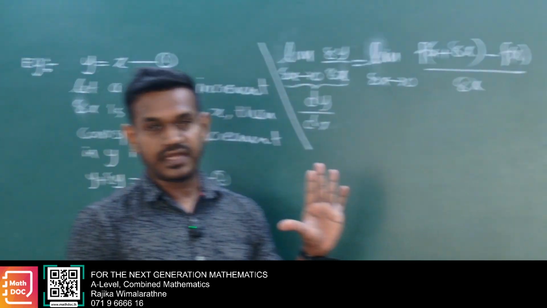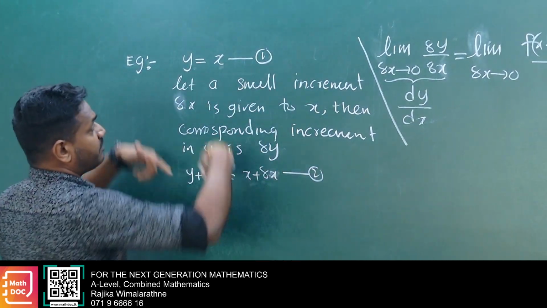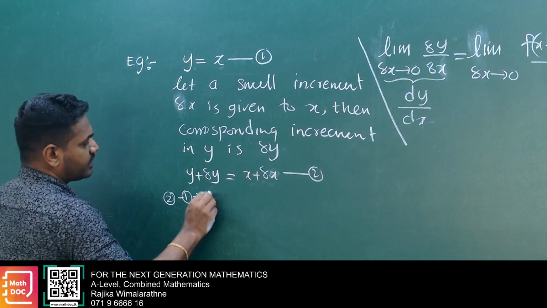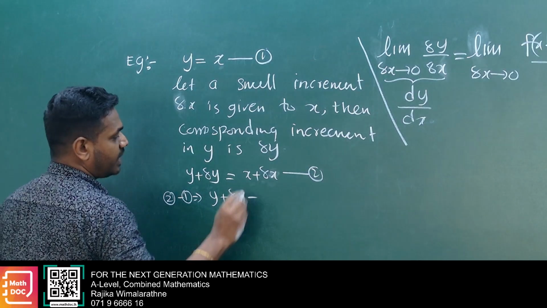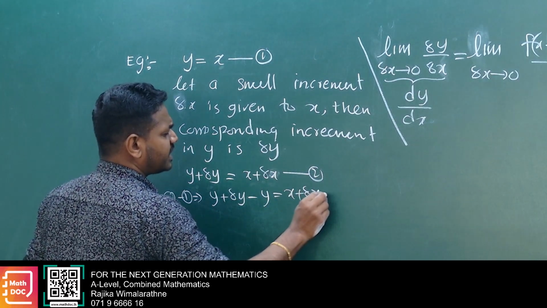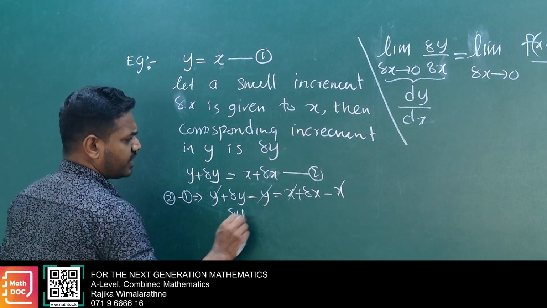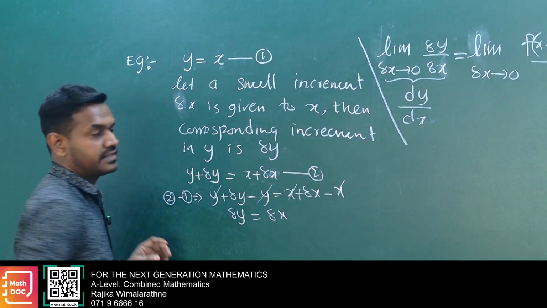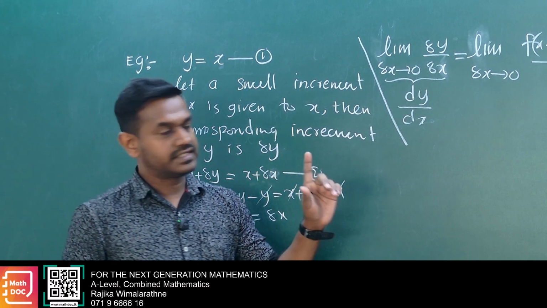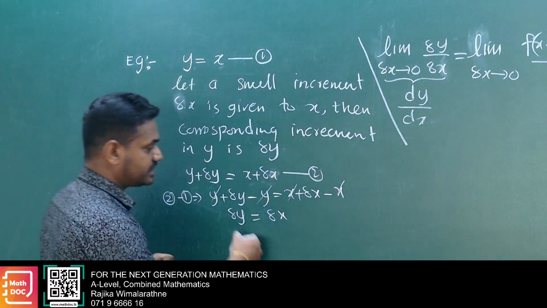See the first example, then you can do further. Now you subtract 2 minus 1: y plus delta y minus y on the left, x plus delta x minus x on the right. Simplify: delta y equals delta x. For differentiation we need delta y over delta x, so divide by delta x.